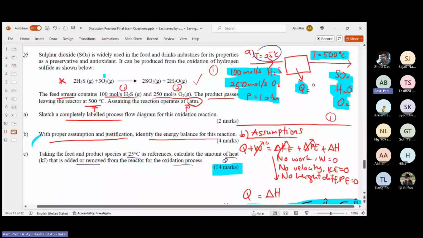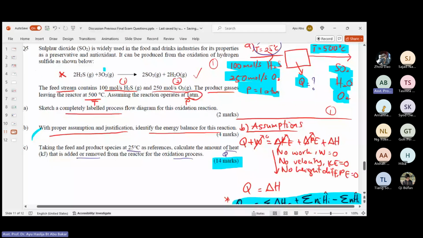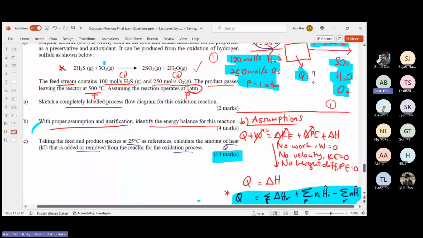So it wants you to find the Q. Now, from the equation we developed over here, we need the HR. Then this one involves the heat of formation for each substance.